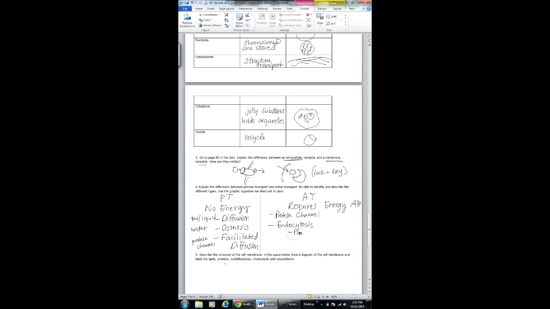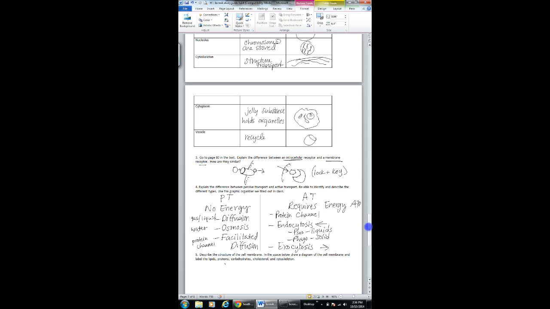There are the pino for liquids, pinocytosis, that deals with liquids, and the phagocytosis that deals with solids, typically foods. And then we have exocytosis, and all of these take energy in order for it to happen in the cell. And exocytosis is when something is going out of the cell. Endocytosis is when something is going in.